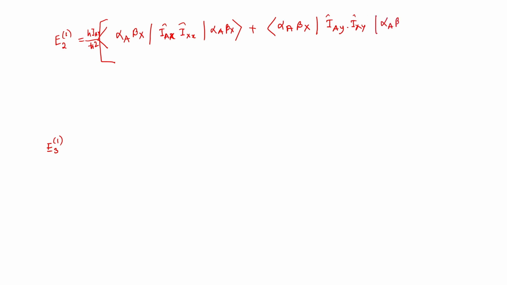Alpha a beta x. Then we are having another term, that is alpha a beta x I a z I x z, working on alpha a beta x, right?